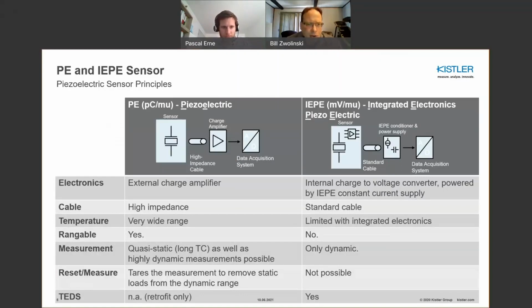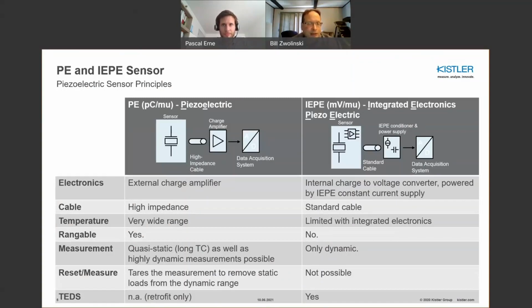So what advantages or what could be the takeaways from this? Well, with piezoelectrics, you basically have a very wide measuring range, and you're quite rangeable. There's an external charge amplifier which converts the electrical charge signal from the sensor to a voltage, and that voltage can be used in a data acquisition system. You can also use the piezoelectric solutions in a quasi-static manner.